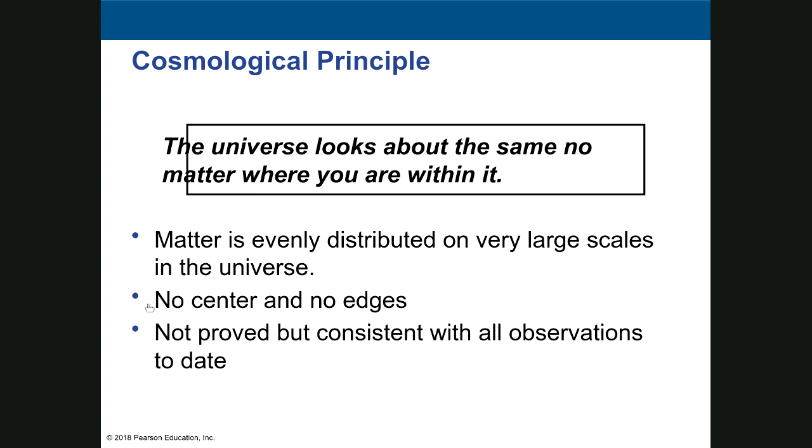There's no actual center. So this is not proven, but it's consistent with all observations to date. There's no observation that leads us to believe that this statement isn't true. And we're at a point where sometimes you have to make these statements and recognize that you don't have direct evidence for them, but there's no competing statement, right? There's no competing statement that observations explain that this cosmological principle doesn't.